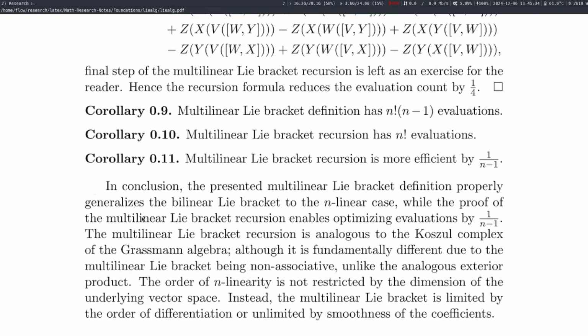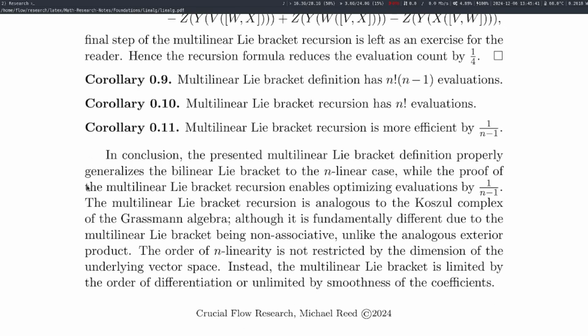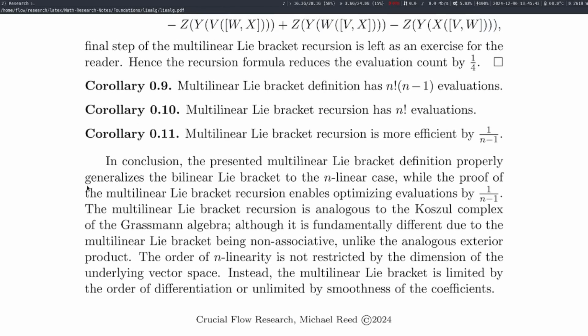So in conclusion, the presented multilinear Lie bracket definition properly generalizes the bilinear Lie bracket to the n-linear case, while the proof of the multilinear Lie bracket recursion enables optimizing evaluations by 1 over n minus 1.